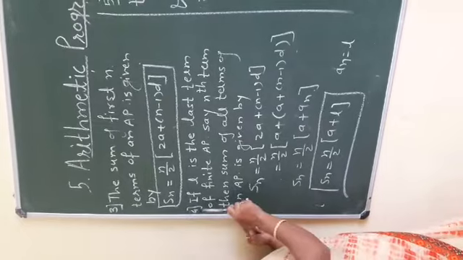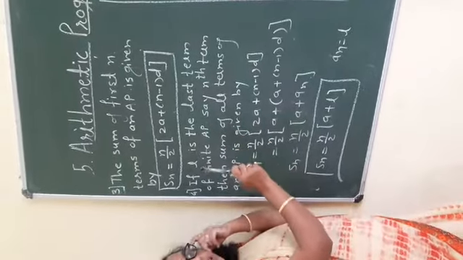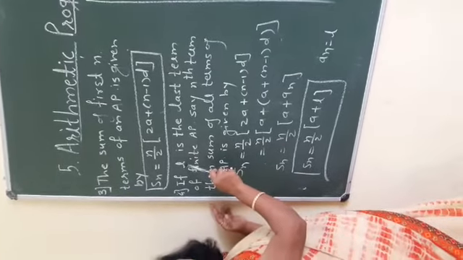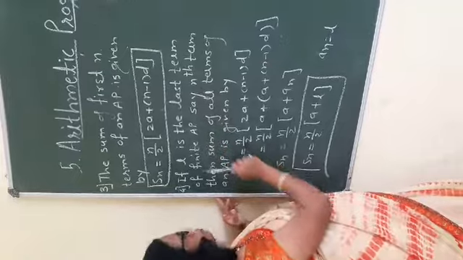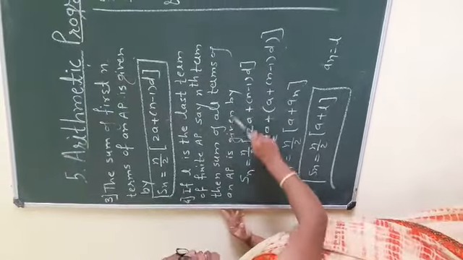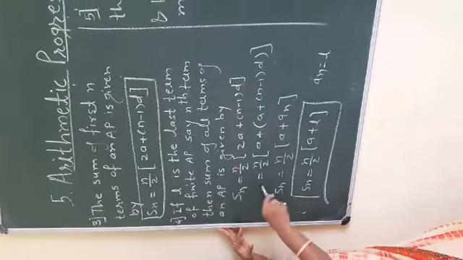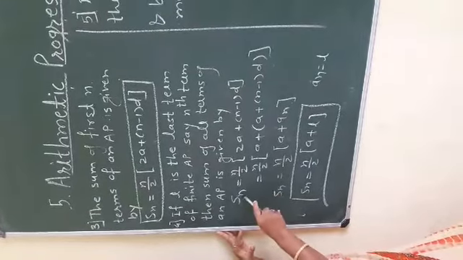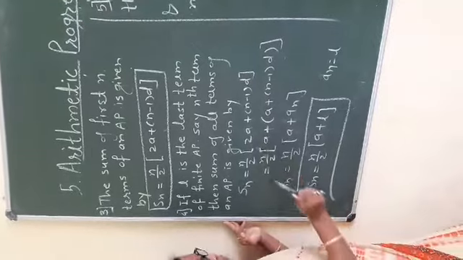Fourth point: if l is the last term, the nth term of a finite AP, then the sum of all the terms of the AP is also given by a second formula. We have Sn equal to n by 2 into (2a plus (n minus 1) d). Everyone understood?